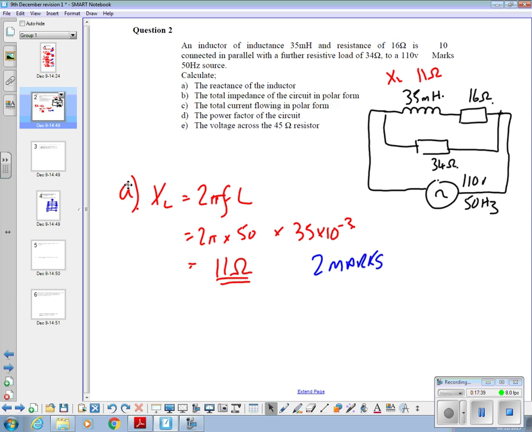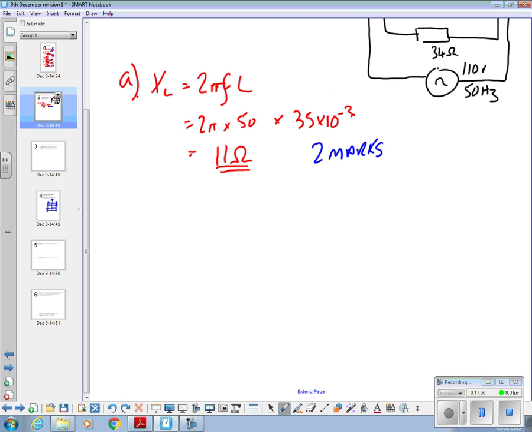Total impedance. It's in parallel. I've done the product over sum to turn them two resistors into one. You get 10.88.